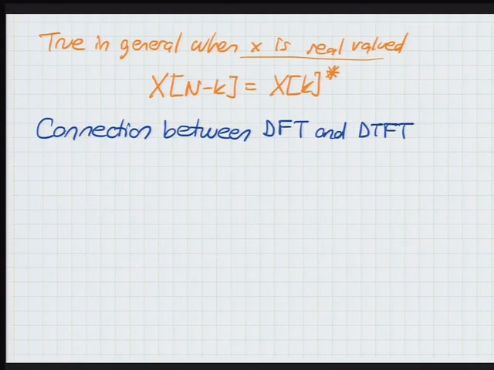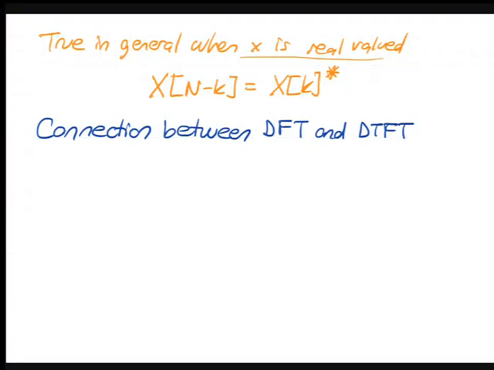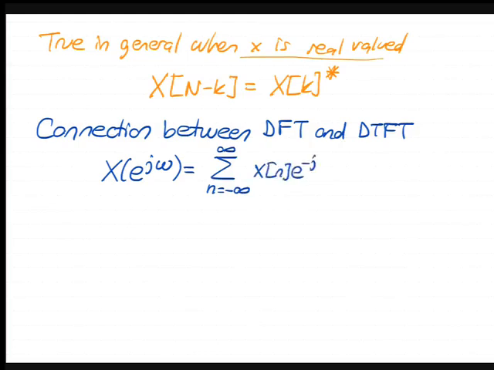DTFT is a continuous function of omega. DFT is itself a discrete thing, right? When we say connection, the connection has to account for one being continuous, the other discrete, right? And it will. So let's recall how we defined the DTFT. It was the sum over n from negative infinity to infinity, x of n, e to the negative j omega n, and that was it, right?